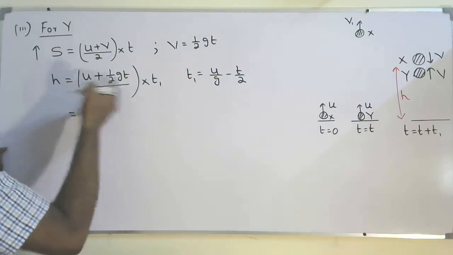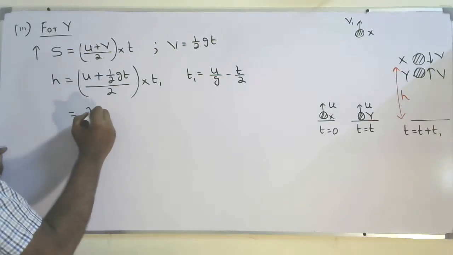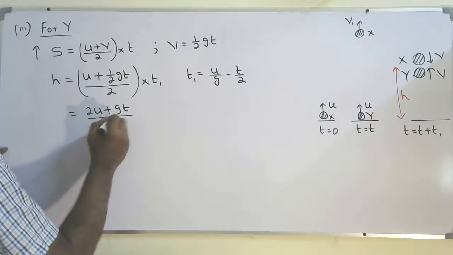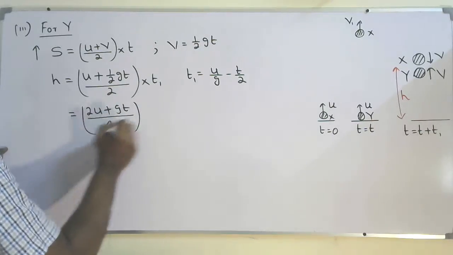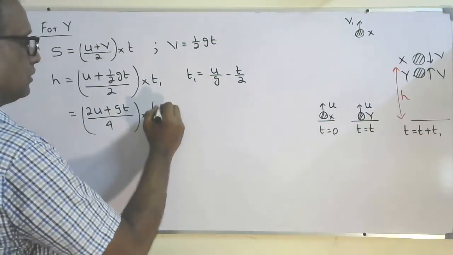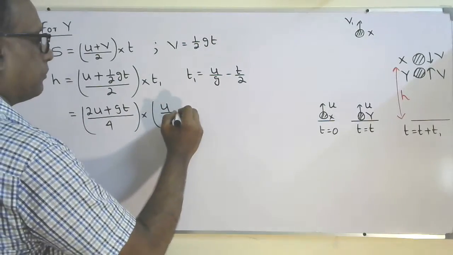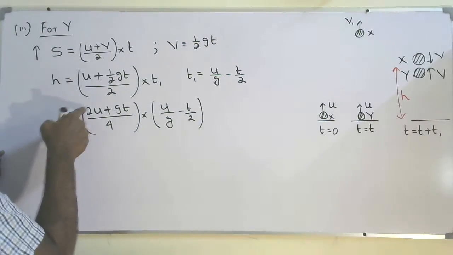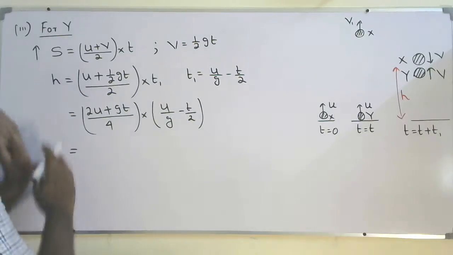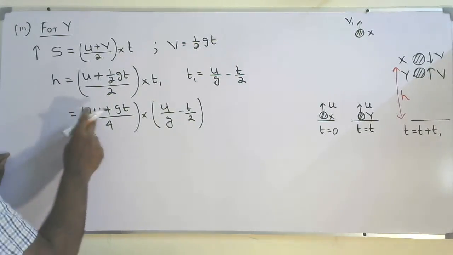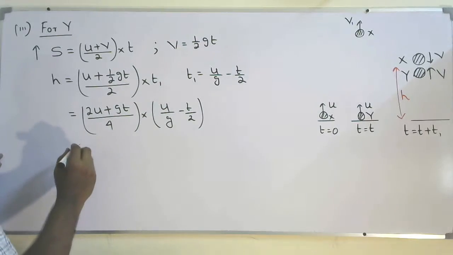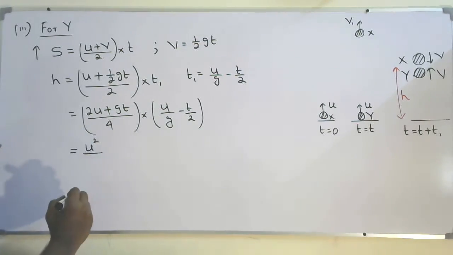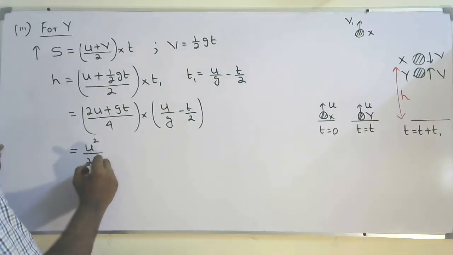So rearrange it. You can take LCM or anything. You can say 2u plus gt by 4 into u over g minus t by 2. Solve it. So 2u over 4, I'll separate it and multiply. So 2u over 4 is u by 2, into u over g. That will be u squared over 2g.